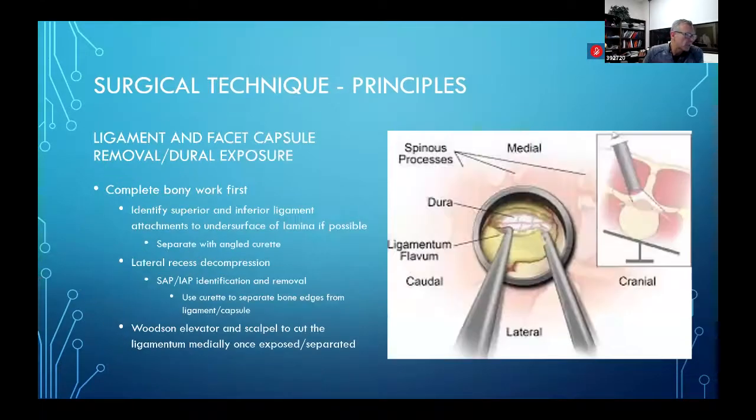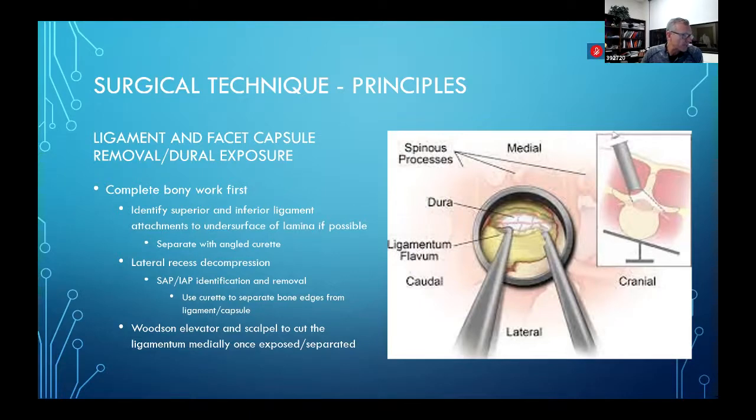Once you've created your laminotomy or laminectomy field, the same principles apply whether you're doing a full laminectomy or a laminotomy. The difference is that with a laminotomy you're not removing the spinous process, you're trying to preserve that so the muscles have a place to attach. But once I've done my bony work, now I'm going to separate my ligament.